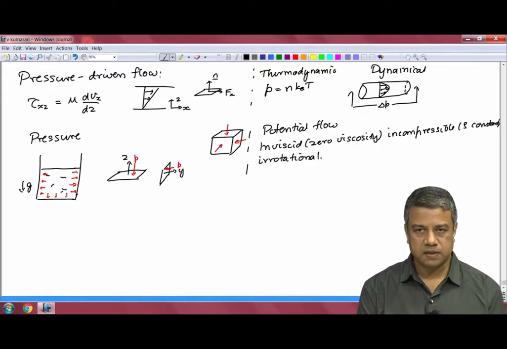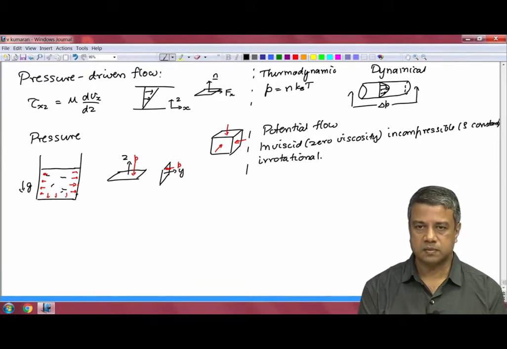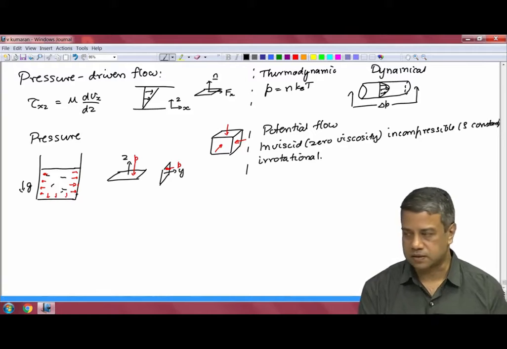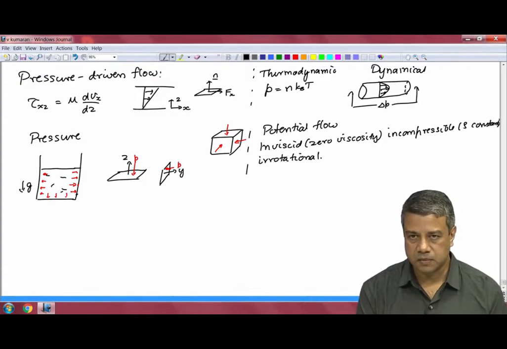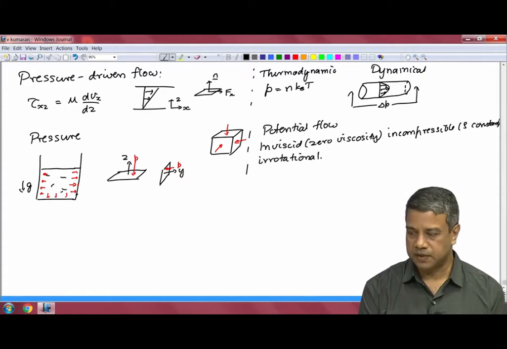The inviscid approximation, zero viscosity approximation, applies only to high Reynolds number flows, because it is at high Reynolds number that the inertial effects are much larger than viscous effects, and therefore, you can neglect viscosity in the conservation equation. So, it is only at high Reynolds number that this potential flow approximation is valid.